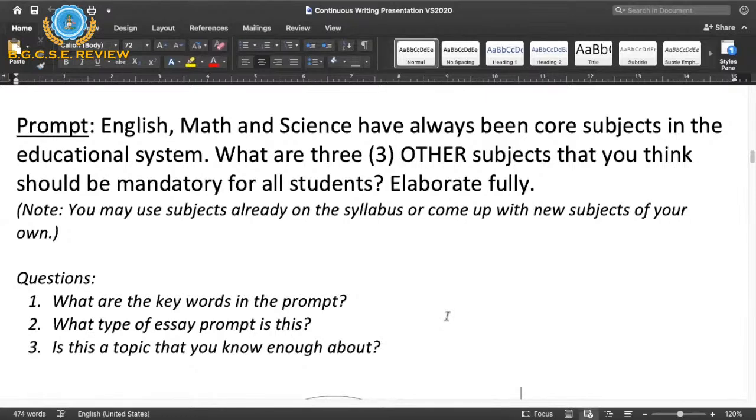I remember a description wants details. So they want you to describe anything here. I think the major purpose of this prompt is for you to explain why these other subjects that you came up with are beneficial to the educational system. Thank you so much for participating in the poll, students. It is an expository writing prompt.